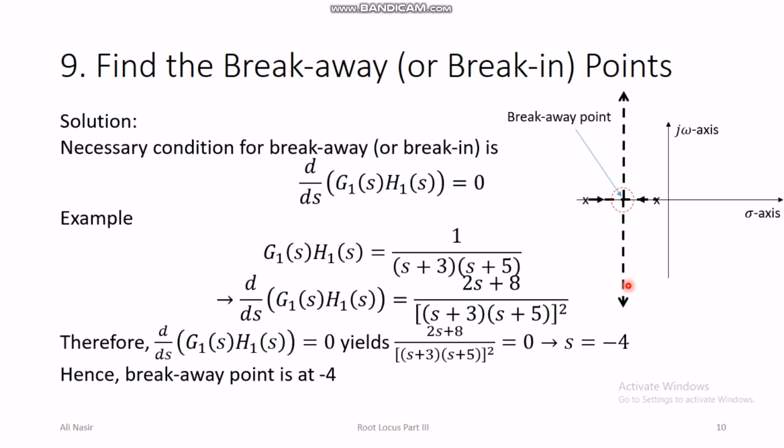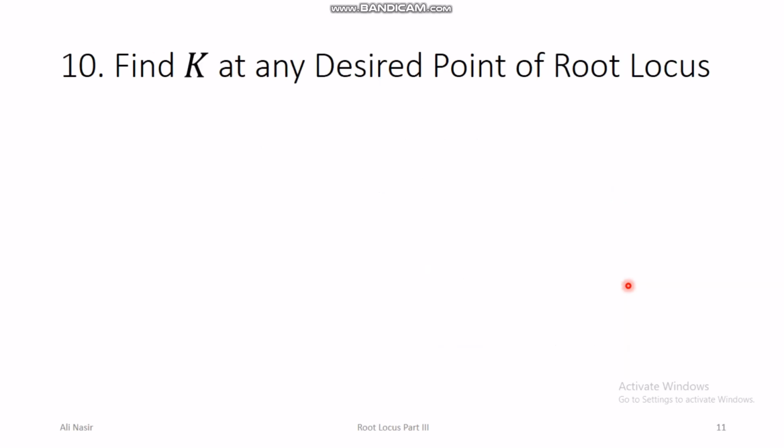Alright, so this was the discussion on breakaway and break-in points. Next we look at the final and 10th rule of root locus, which is to find the gain of the root locus k at any desired point of the root locus.